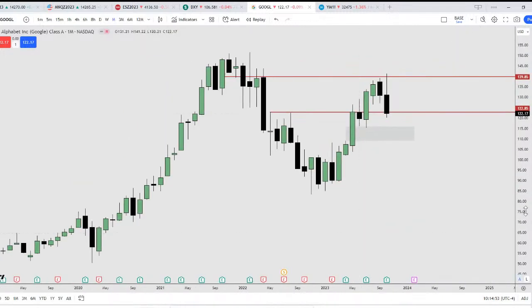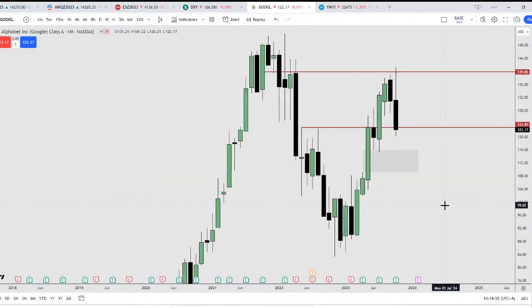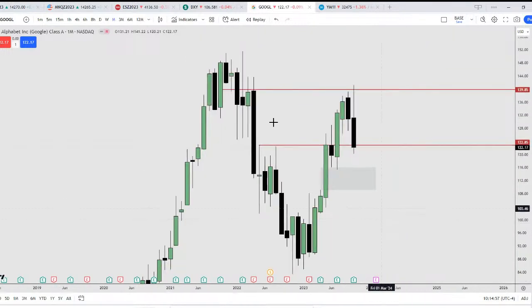So it has found some resistance at the mean threshold of this bearish order block. Okay, so that is not what you want to see if it's going to reverse.